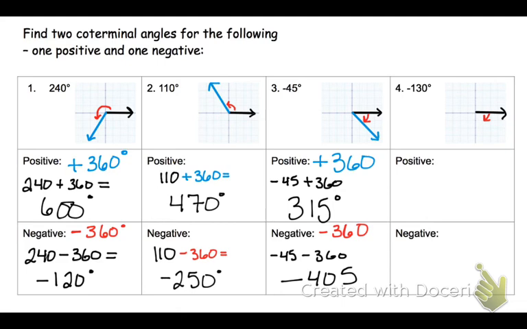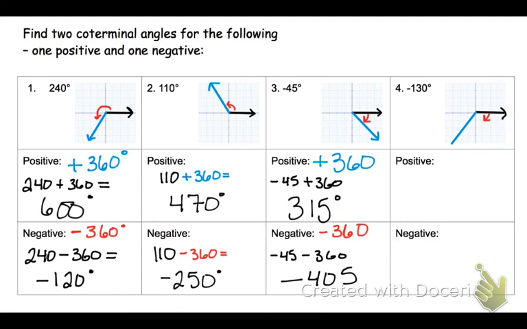So it's going to be somewhere in the 3rd quadrant. Somewhere in the third quadrant. And it's actually almost halfway between the negative x-axis and the negative y-axis.